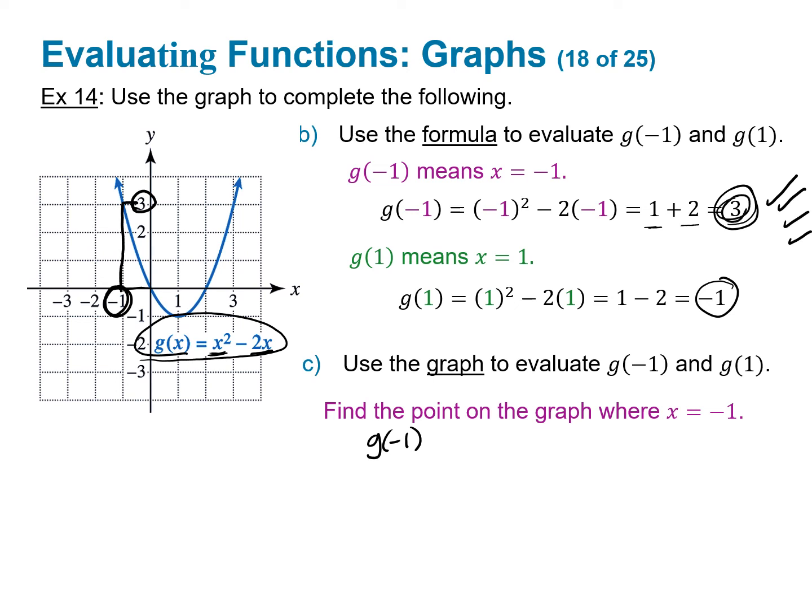Okay. Then for g of 1, you go and look at the 1 on the x-axis and you say go down. It's right here, negative 1. And you can see that those are defined in those ways.